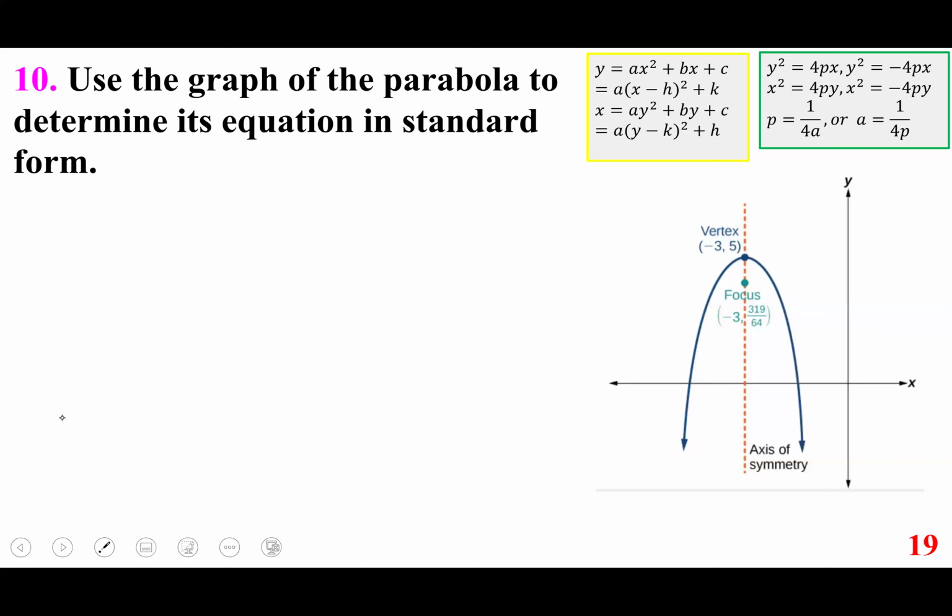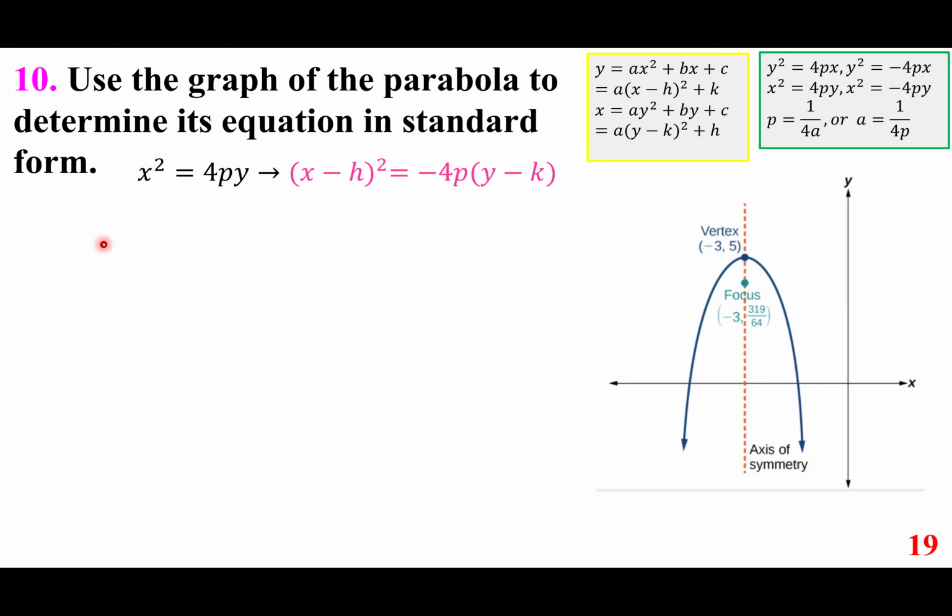All right, use the graph of the parabola to determine its equation in standard form. As far as the format is concerned, you can go with the format of this course or the algebra format.